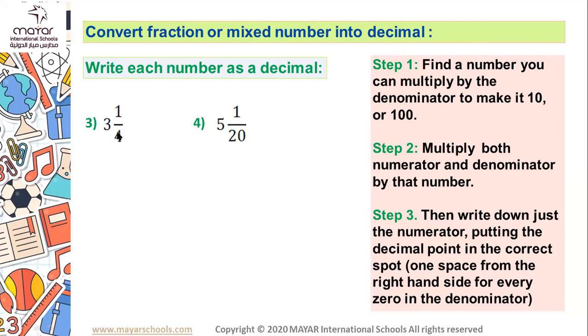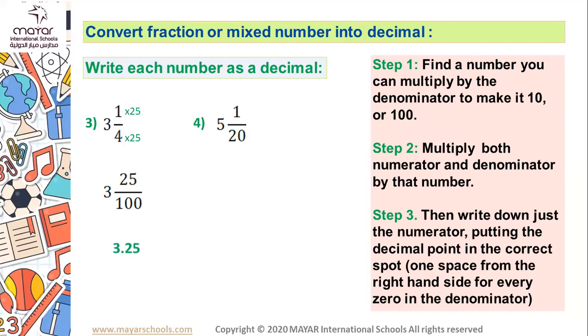The denominator is 4. What should I multiply by 4 to get 10, 100, or 1000? 25. Excellent. So 4 times 25 is 100, and 1 times 25 is 25. So the fraction that I will get is 3 and 25 out of 100. How do I write it as a decimal? 3 and 25 hundredths. Excellent.